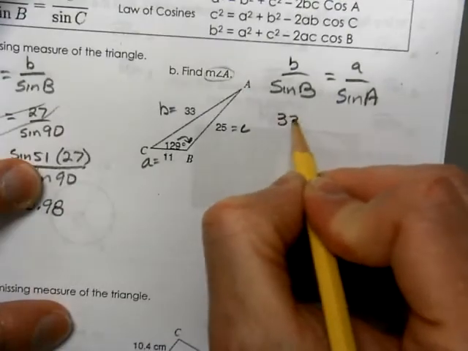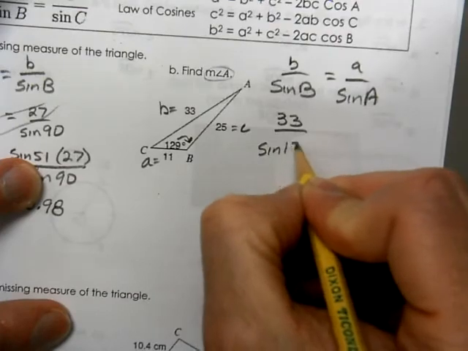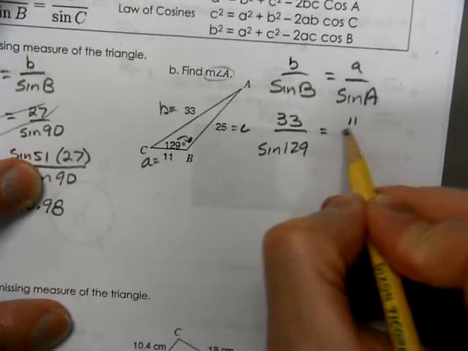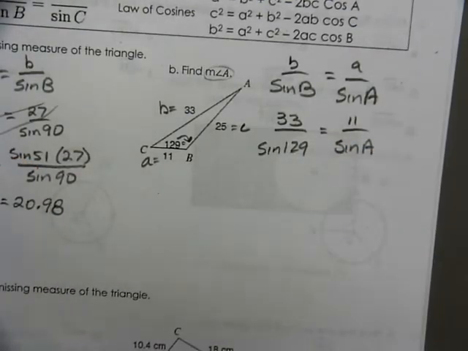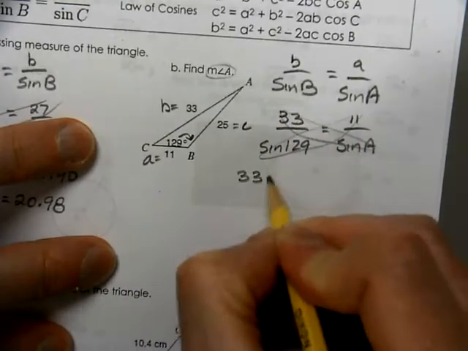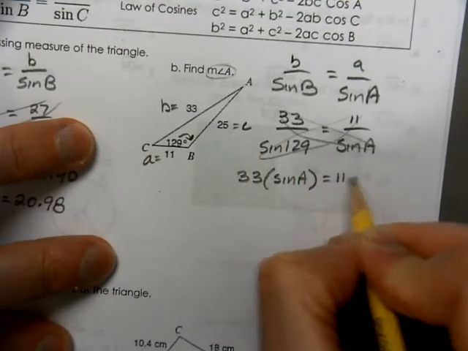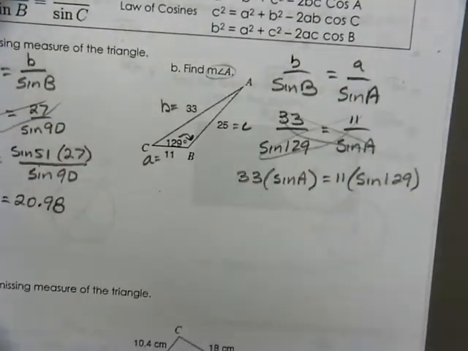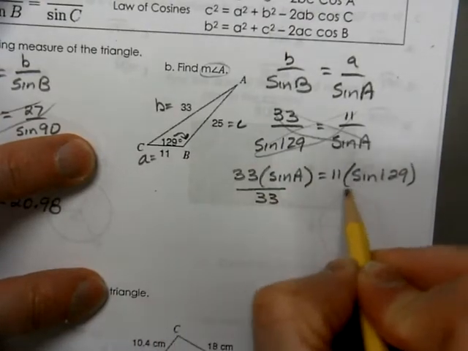Side B is 33. Angle B is 129. Side A is 11. And I don't know what angle A is. So we'll cross multiply. We'll end up dividing by 33.